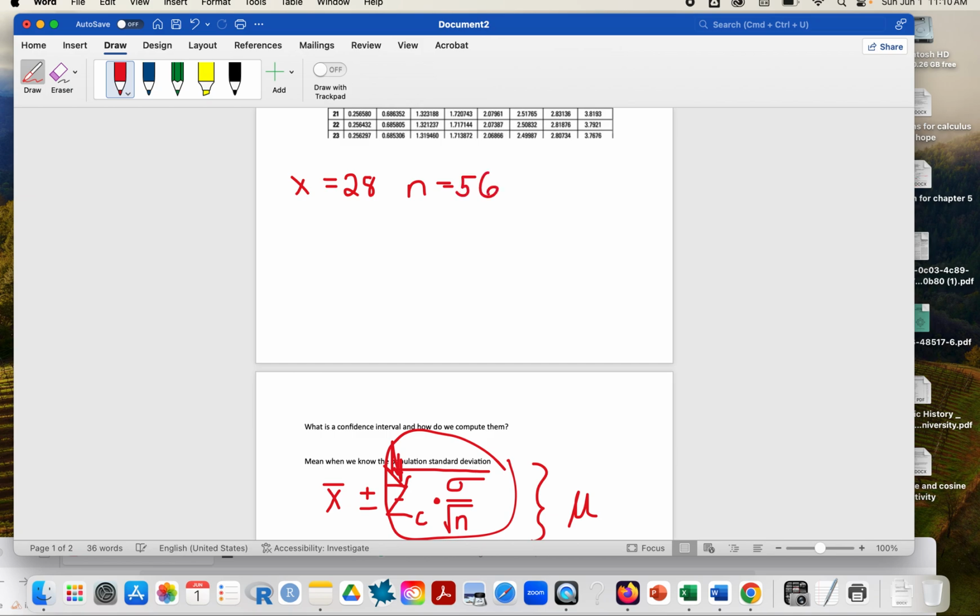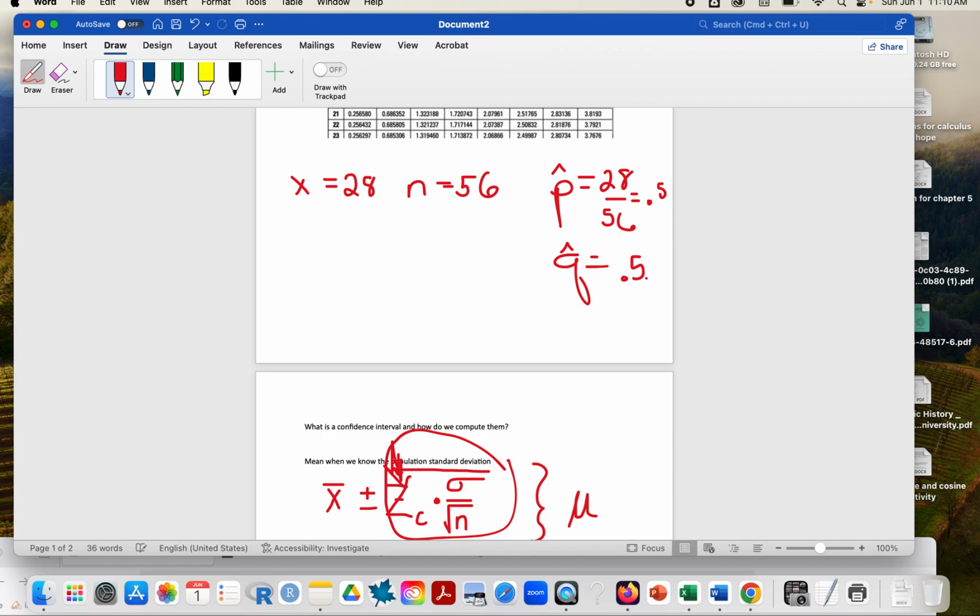We're going to make our lives nice that way. So our p hat is 28 divided by 56, and by the way, this equals 0.5. And so our q hat is 0.5.